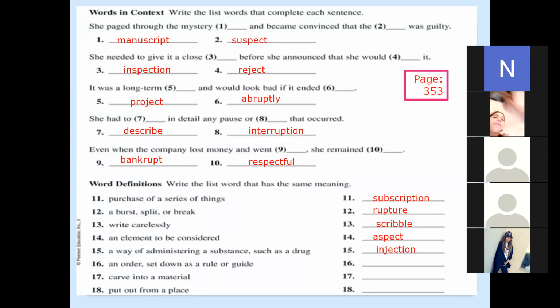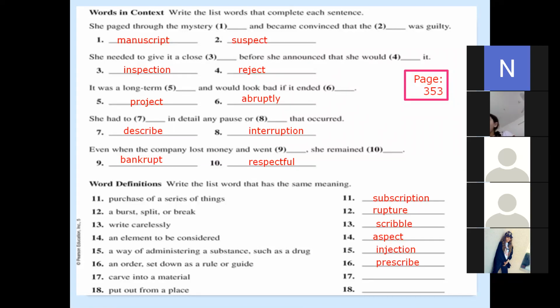An order, set down as a rule or guide. Prescribe. Very good, Sarah. Carve into a material.